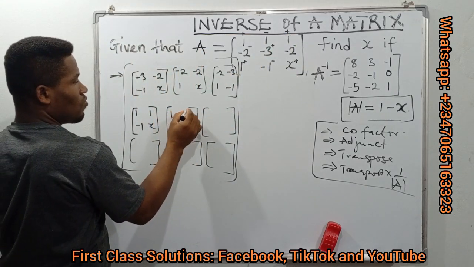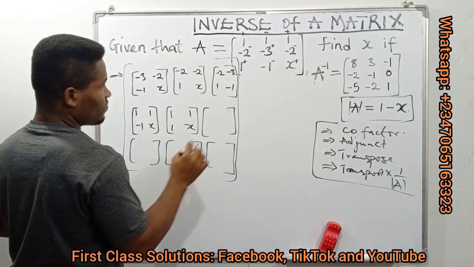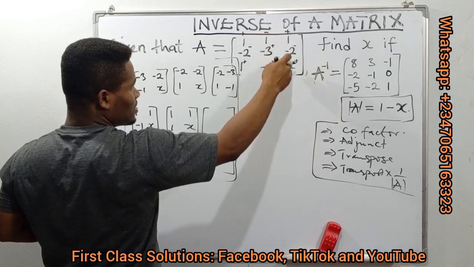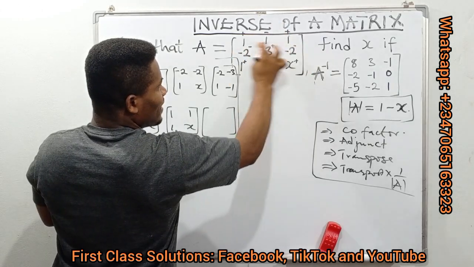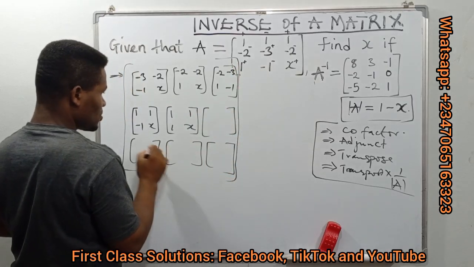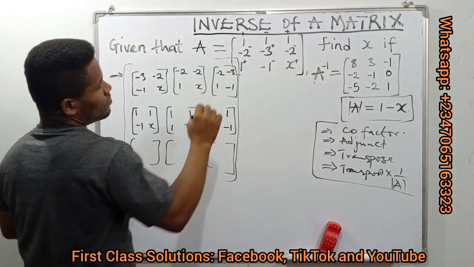Going forward, we have still on the second row and the last column. We cover here and this last column. We have 1, 1, 1, -1.